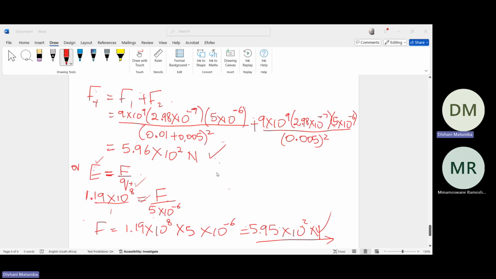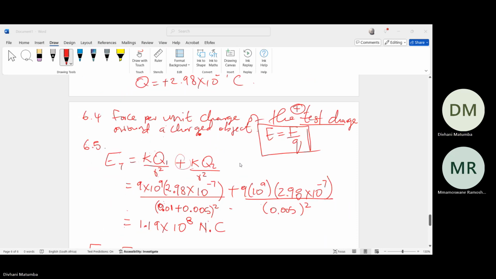What is the formula of calculating the electric field strength? Electric field strength, E is equal to KQ over R squared. And the other one? E is equal to F over Q. Okay, perfect.